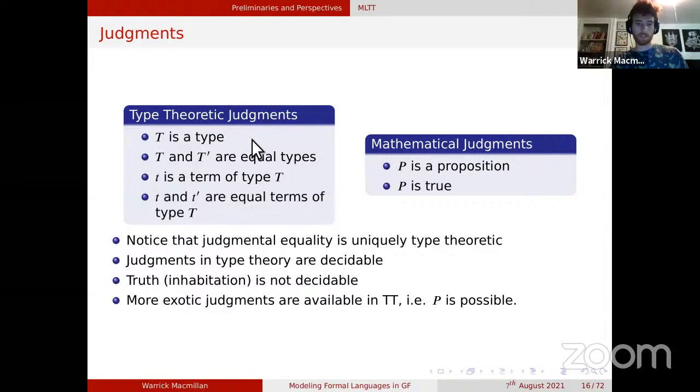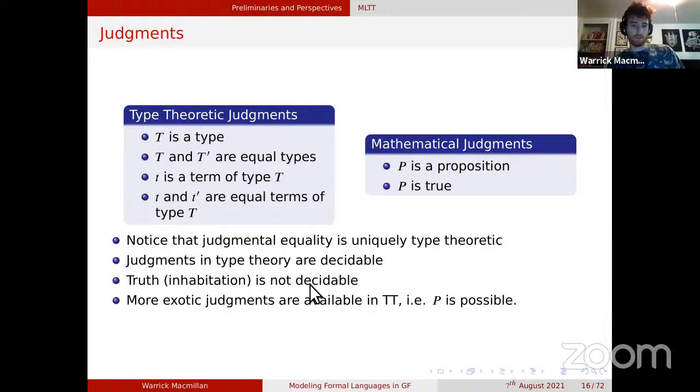Judgmental equality is uniquely type theoretic, because judgments in type theory are decidable, and truth or inhabitation is not decidable. So P versus NP remains unsolved, and we don't know if it will ever be solved. So it's an undecided proposition, and there are many other propositions which are currently open problems in mathematics.